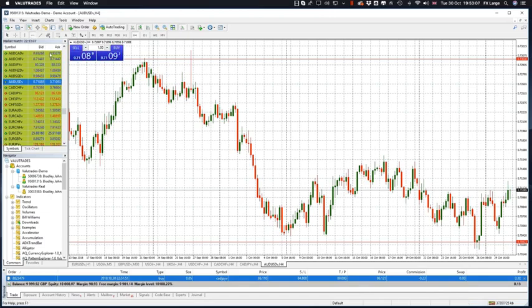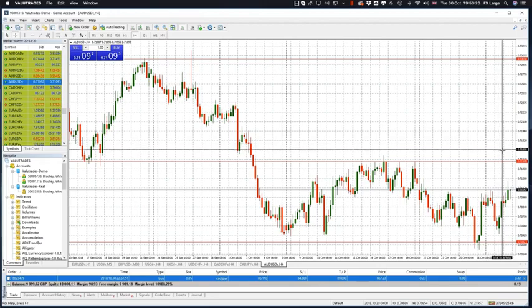But we don't want to enter the trade until we've passed through this line of resistance.